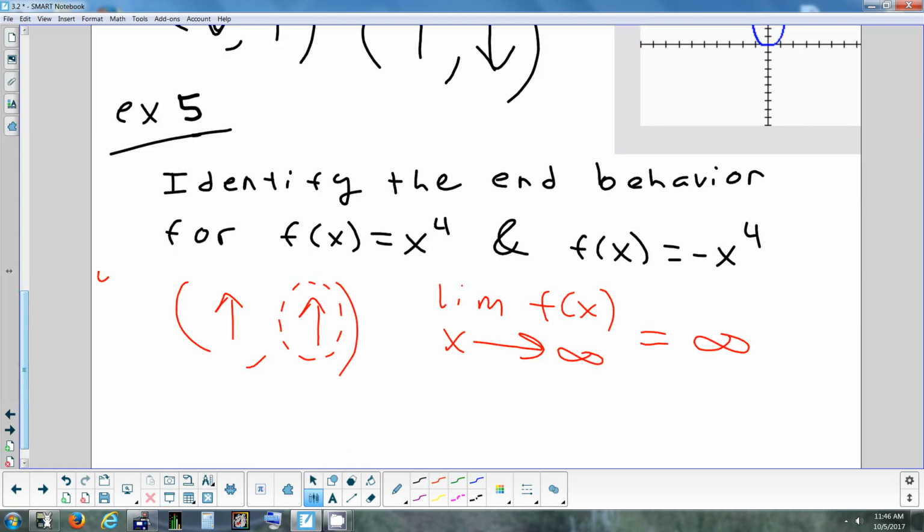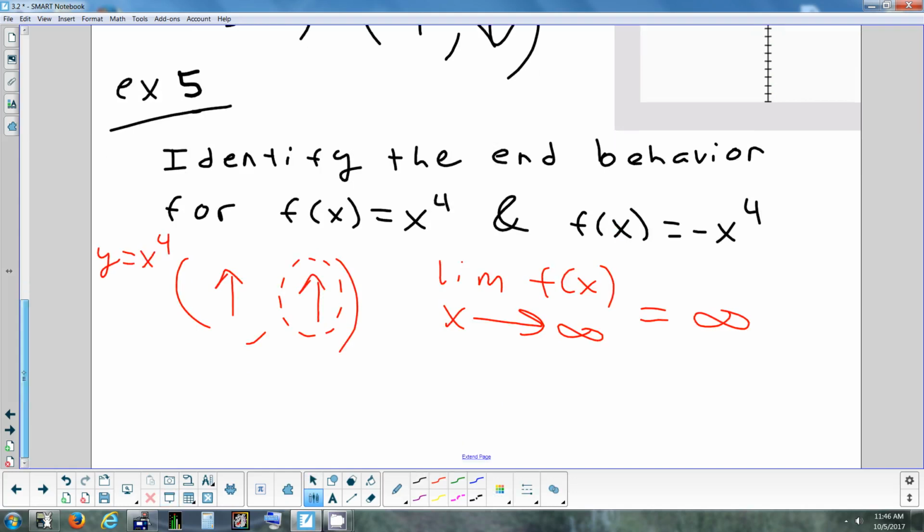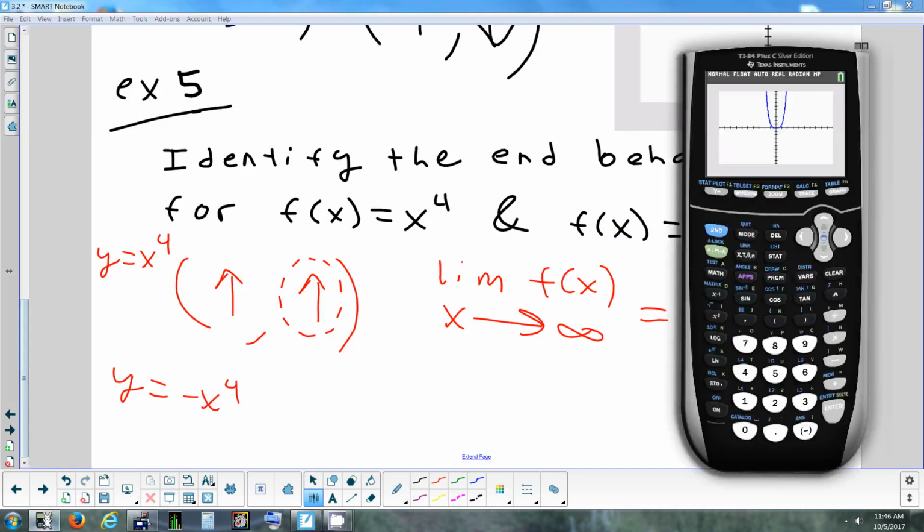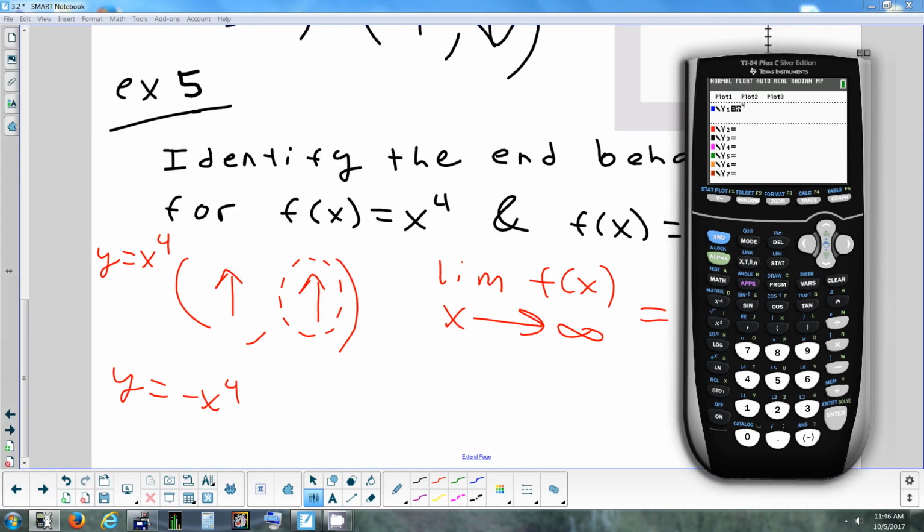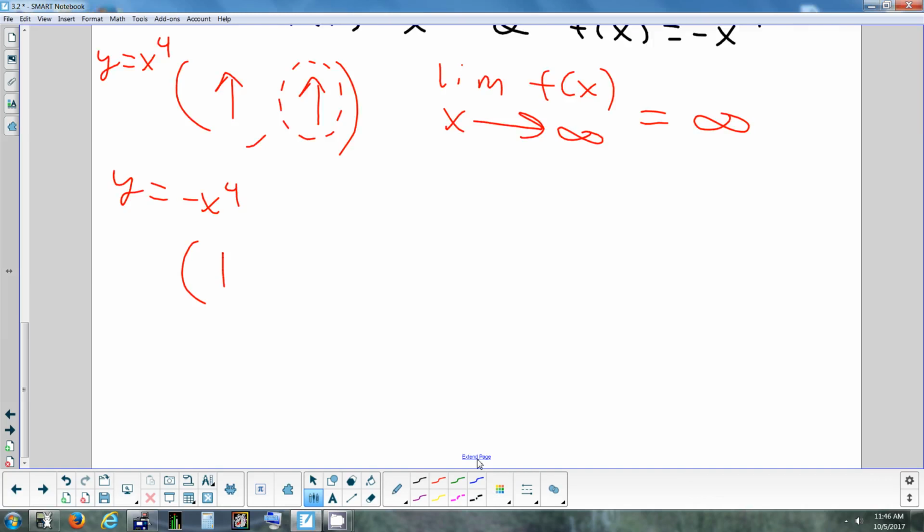So that's y equals x to the 4th. Let's do y equals negative x to the 4th. When you stick a negative in front, what does that cause your graph to do? Flip. So now, instead of up, up, it's going to be down, down. Any question on that one?